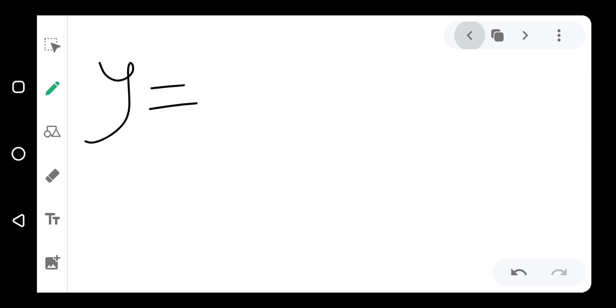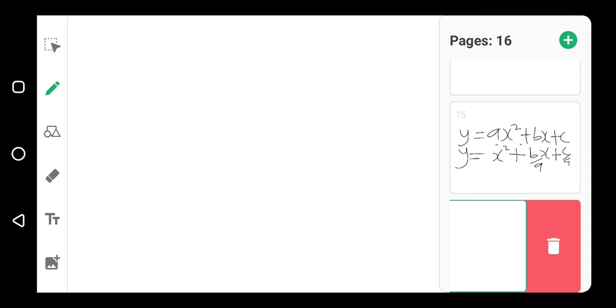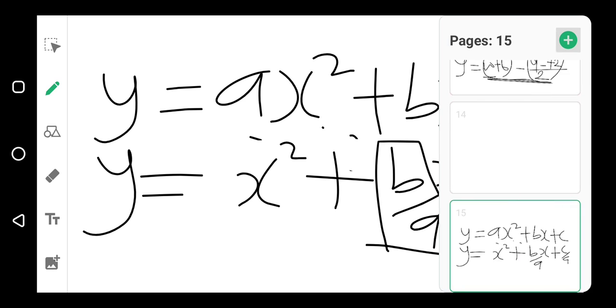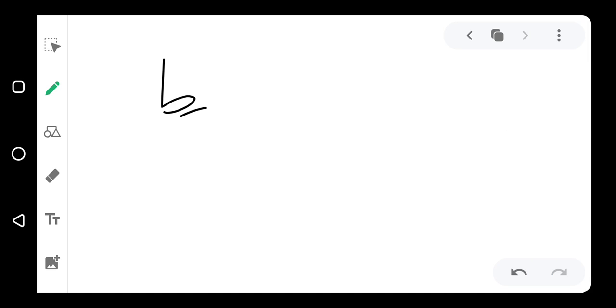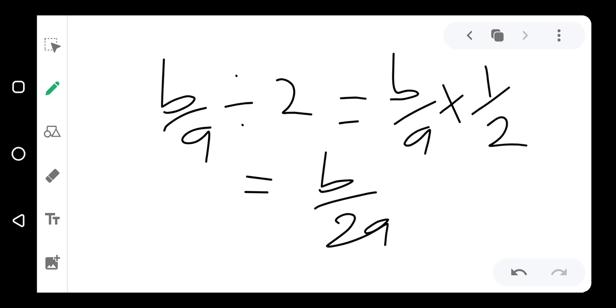We now take this as b, now we divide it by 2 and square it. If we do that, we have b over a divided by 2, we have b over a multiplied by 1 over 2, that gives us b over 2a. Now we find the square of this, and that gives us b over 2a squared.